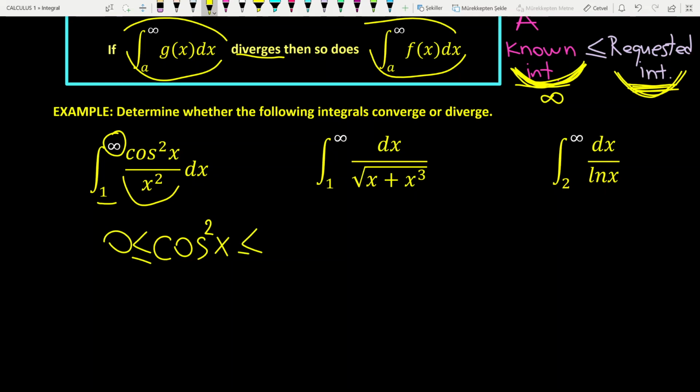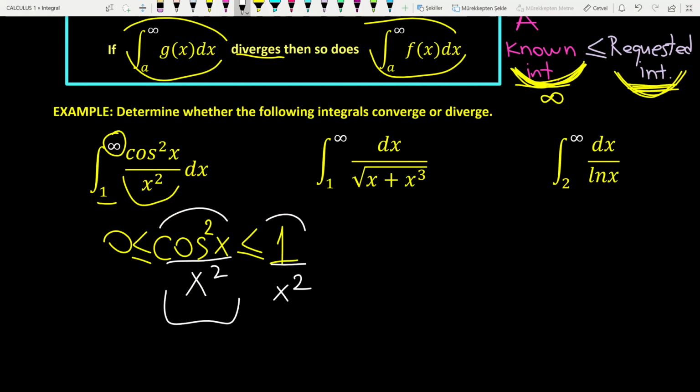We cannot have negative values for cosine squared. If you divide each term by x squared, you get the integrand of the question. Now we can compare these two functions: 1 over x squared is greater than cosine squared x over x squared.